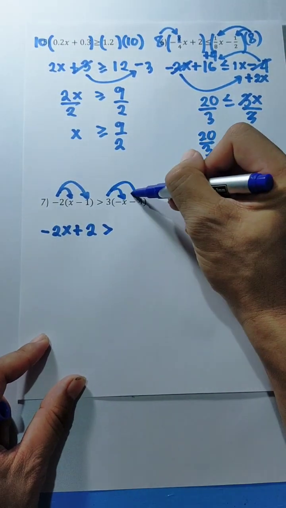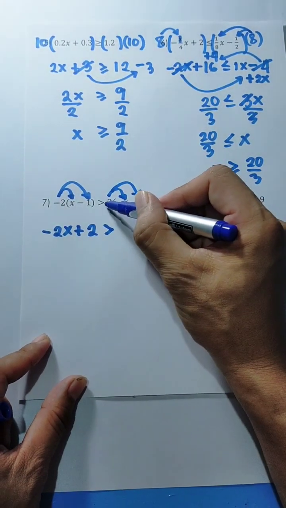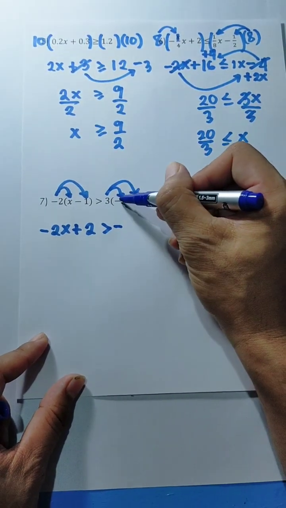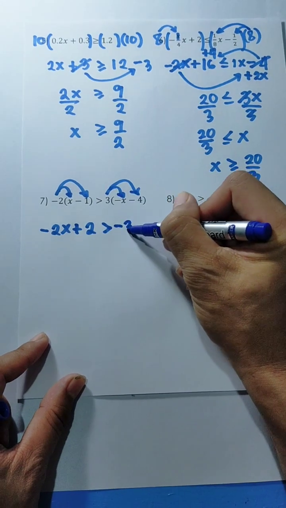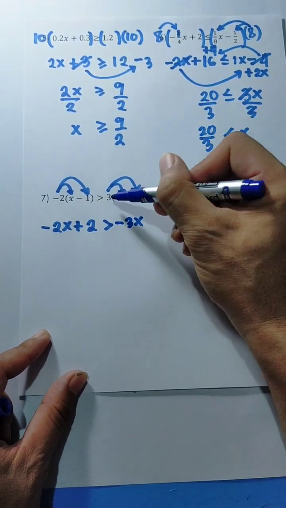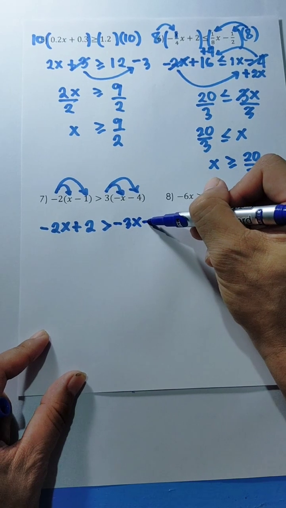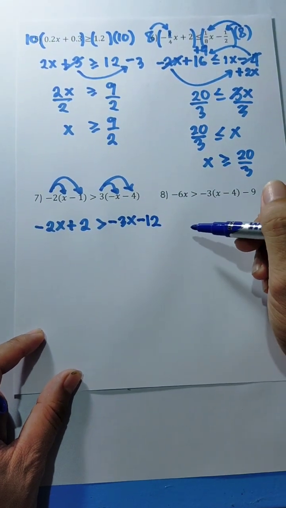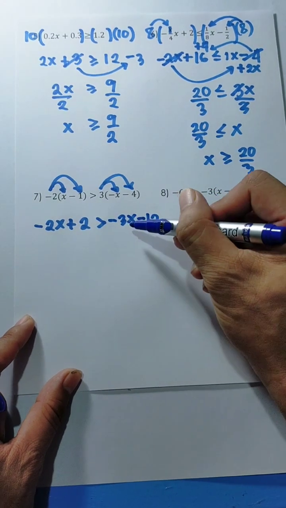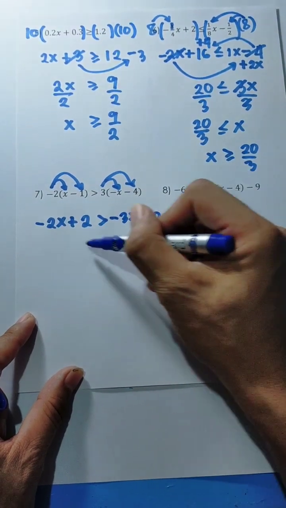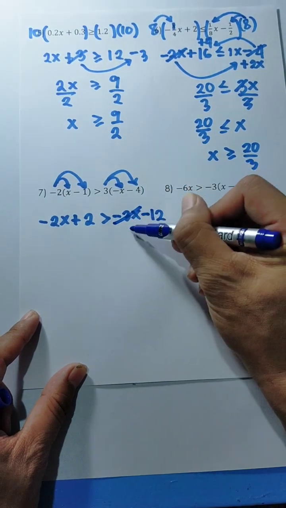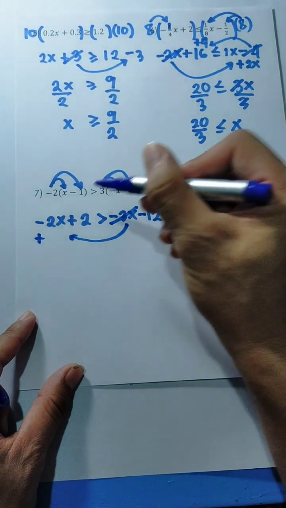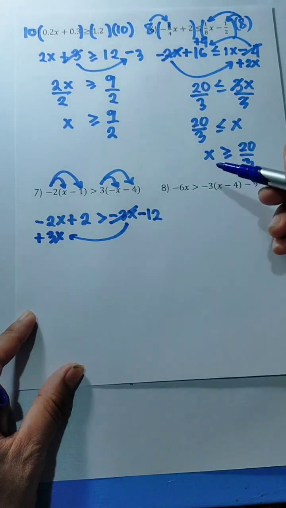Distributive again. We know that it's positive. Positive times negative is negative. 3 times, that's 1 there, it's 3, including the x. Positive times negative is negative. 3 times 4 is 12. We combine like terms. I will move my negative 3x to the left. This will become positive 3x.